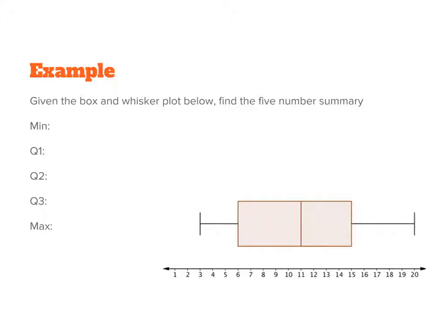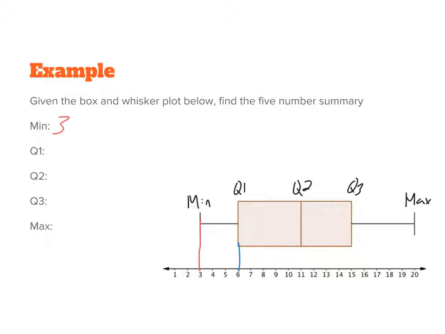And another example here, we've got our box and whisker plot, and we're going to find our 5-number summary. Again, starting from left to right, my min, my Q1, my Q2, Q3, and max. And from each one, draw a line straight down to the number line. You'll notice my min here falls to 3.